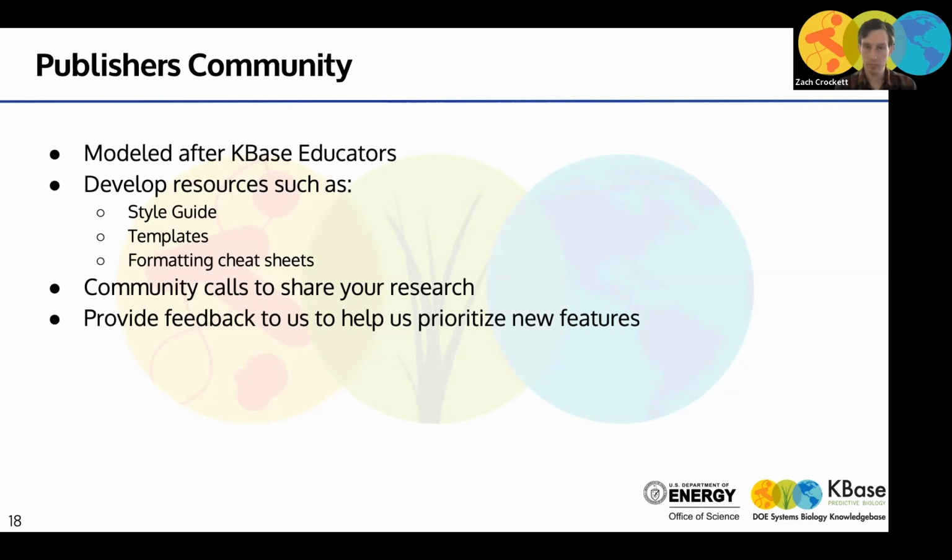Help produce templates for workflows that you do a lot and that you think other people may be interested in, and developing other resources such as formatting cheat sheets. We have one of those, but if there are other ideas you have to be included, you can contribute those.